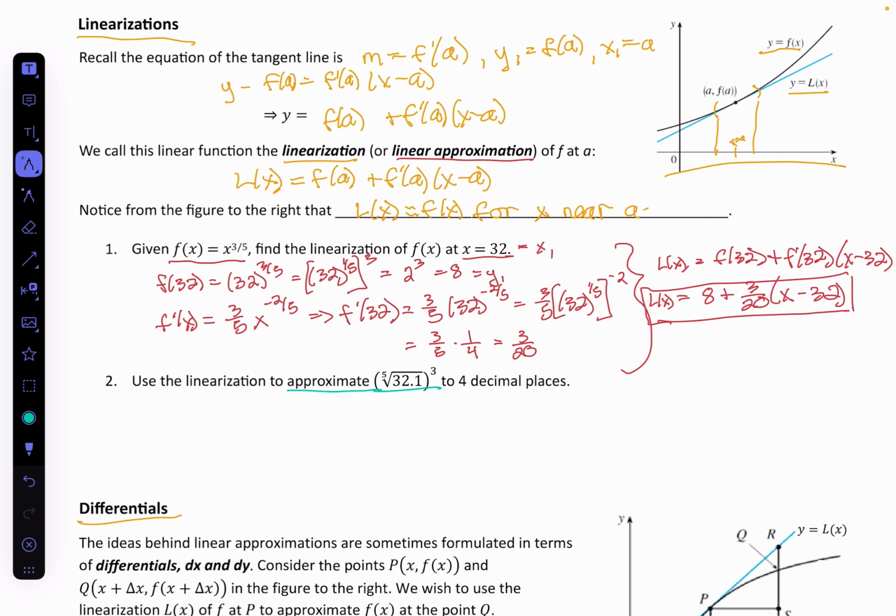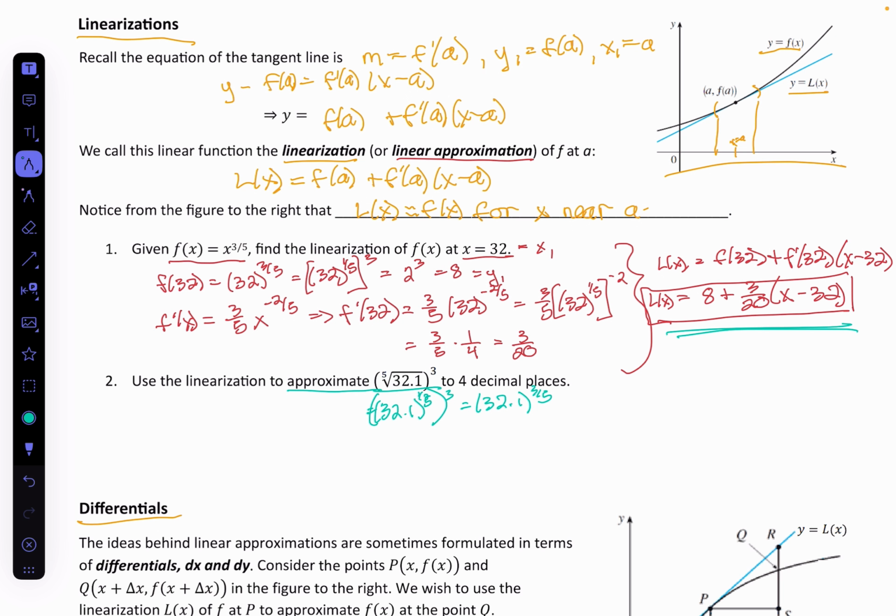So that's finding the linearization. Now, if we look at number 2, we are going to use this linearization to approximate the 5th root of 32.1 all cubed. Now we need to relate this back to the function that we had in number 1 so that we can use the linearization that we found in number 1. So notice that the 5th root of 32.1 cubed is the same thing as 32.1 to the 1/5, all cubed, which is the same thing as 32.1 to the 3/5.